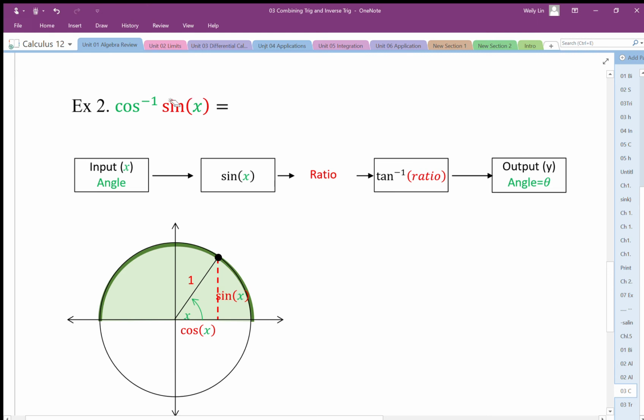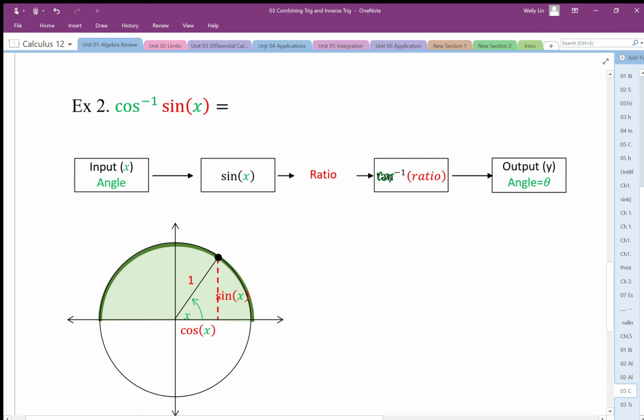So this is going to give me a ratio, and this ratio is going to be given to the arccos, so the output should be an angle. So it looks like this. My input angle, I take the sine ratio, that ratio is undone, and then we get an angle. In this case it says arctan, but maybe we should change that to arccos for this particular example. And our output is going to be an angle here.